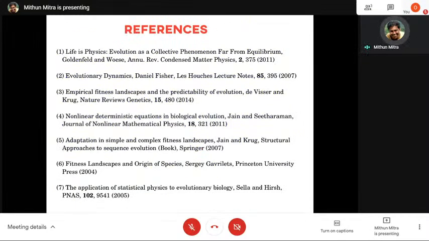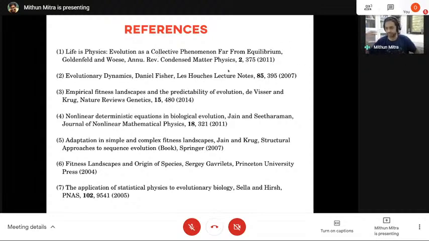Let me not get into the details, but if you're interested in thinking about evolution from a mathematical or physical point of view, there are very nice papers. I really like this paper. It's basically a story, so there's not a lot of complicated maths. It's called Life is Physics: Evolution as a collective phenomenon far from equilibrium.